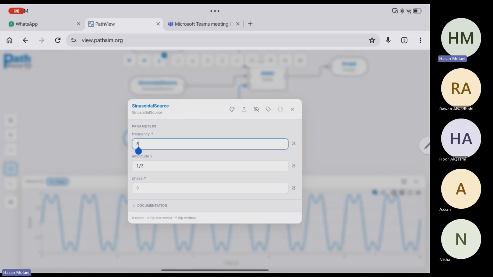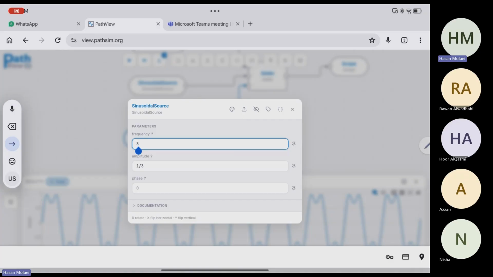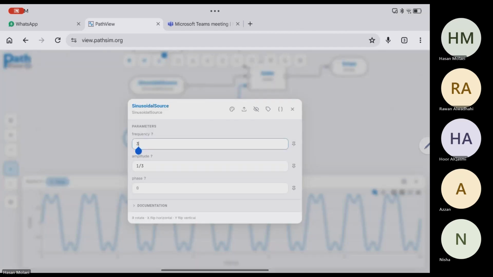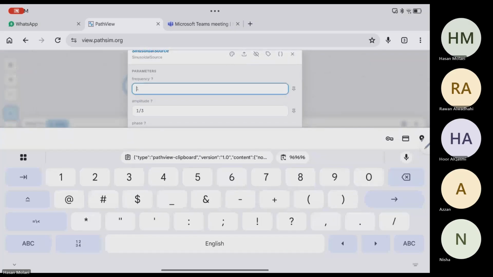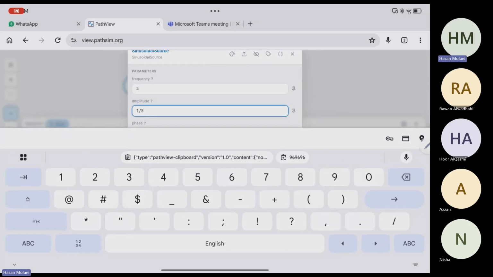How much should be the frequency and amplitude? 5. It doesn't have even frequency, it's only odd. So 5 and the amplitude 1/5.